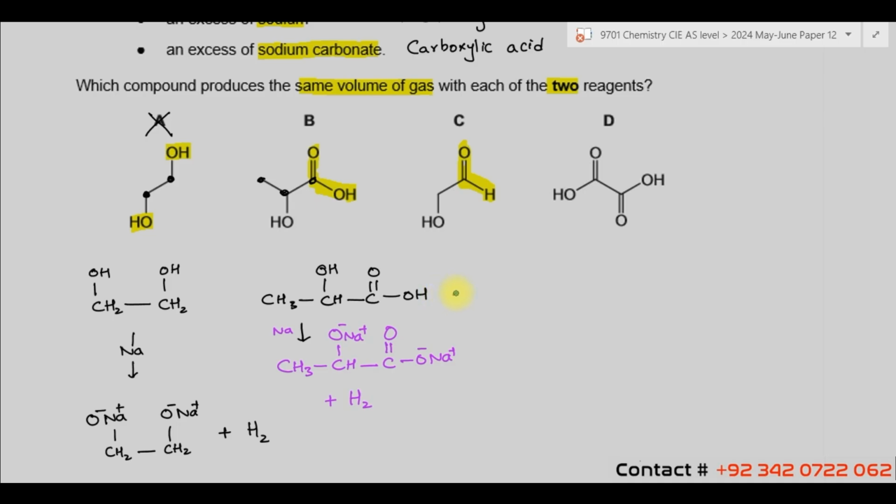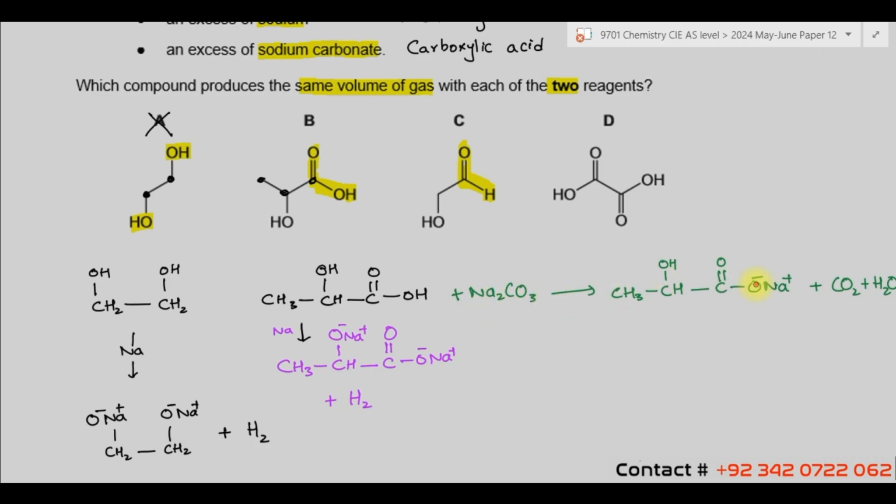Let's react it with sodium carbonate now. So the acid part will react. Acid plus carbonate makes salt, water and carbon dioxide. So this is the salt, plus CO2 plus H2O. Alright, let's balance this equation first.